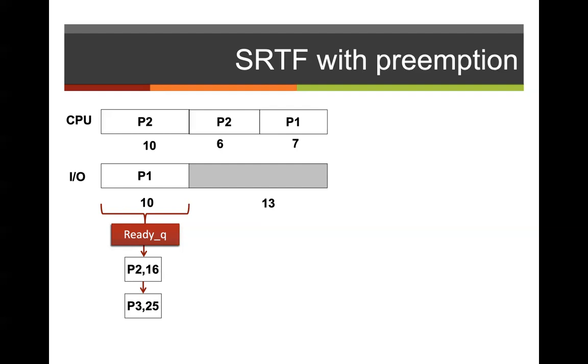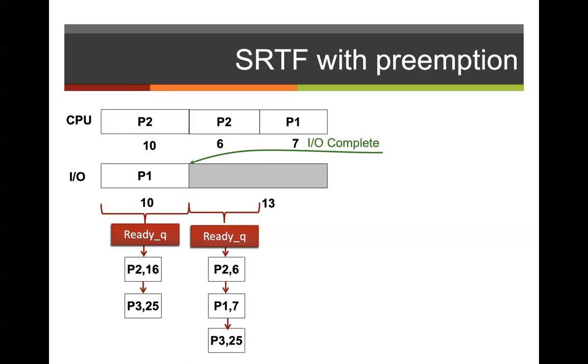And so now we take a look again. P1 is in the ready queue. P2 has a time of 16 for IO. P3 has a time of 25. At this point, we want to examine the ready queue and see P2 has a remaining time of 6, P1 has a remaining time of 7, and P3 has a remaining time of 25.